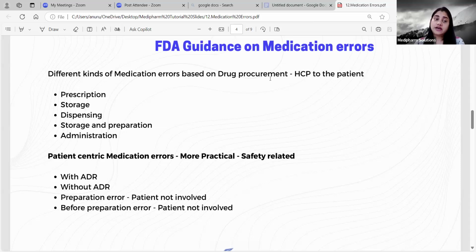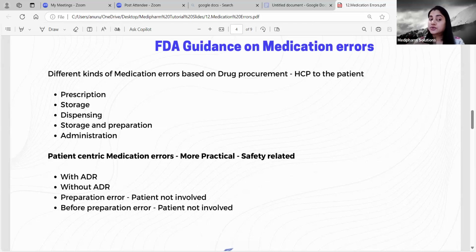And then a medication error can arise from the storage of the product. Storage as in which condition the product has been stored. Like the product was supposed to be kept under 70 degrees Fahrenheit, but the product was stored beyond that during the summertime in a room temperature which was around 80 or 85 degrees Fahrenheit.